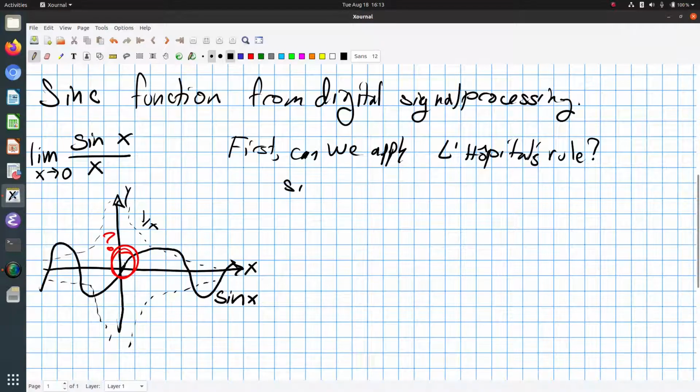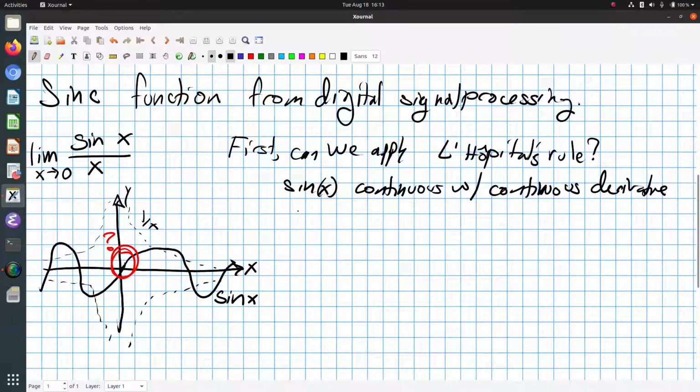Well, sine of x is continuous everywhere, so that's fine. It's got a continuous derivative too. What about 1 over x? Well, 1 over x does have a problem at the origin, but the origin's where we're interested in. And in particular, L'Hopital's rule only requires you to be approaching the origin.